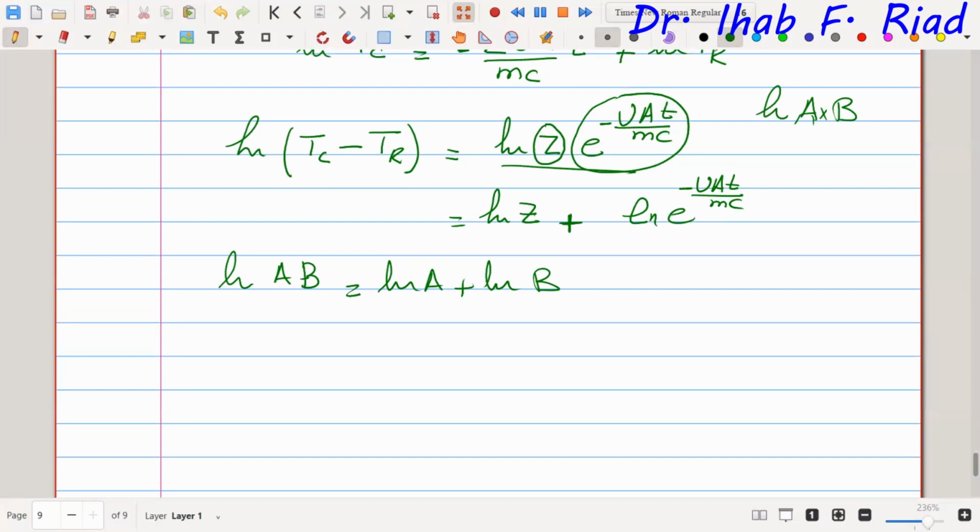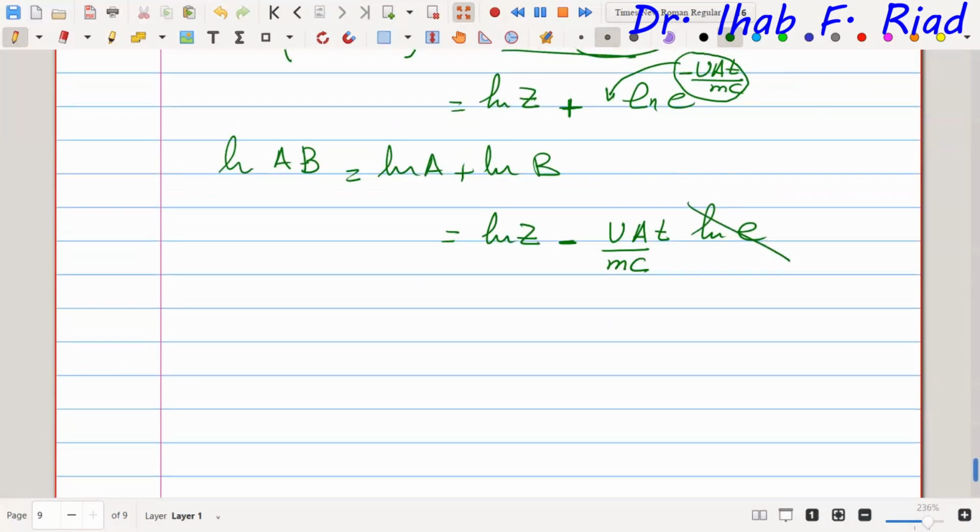Then we get this one down here, equal to ln Z minus UA T divided by MC times ln e. But what is ln e? It is 1, right? So we just remove it.